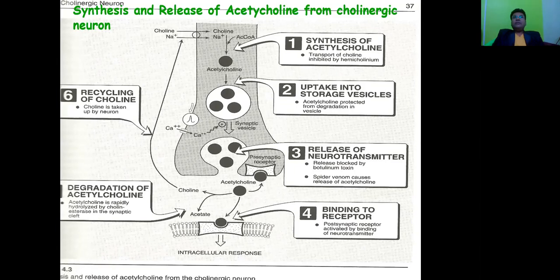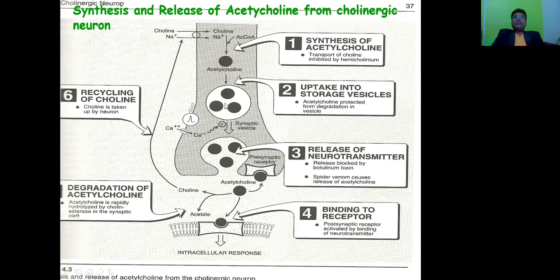This formed acetylcholine is then taken up into the storage vesicles, where it is protected from degradation.